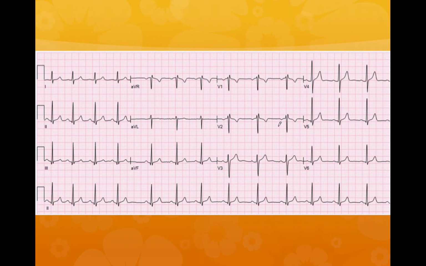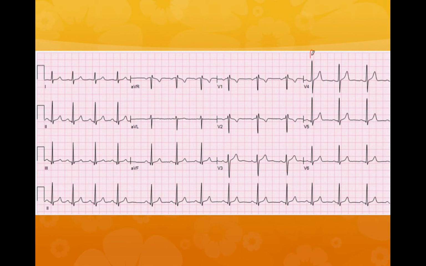In a normal R wave progression, we would expect to see the R wave start to predominate between V3 and V4. What I mean is the R wave should take over in V3 or V4, so the R wave should now be greater than the S wave.